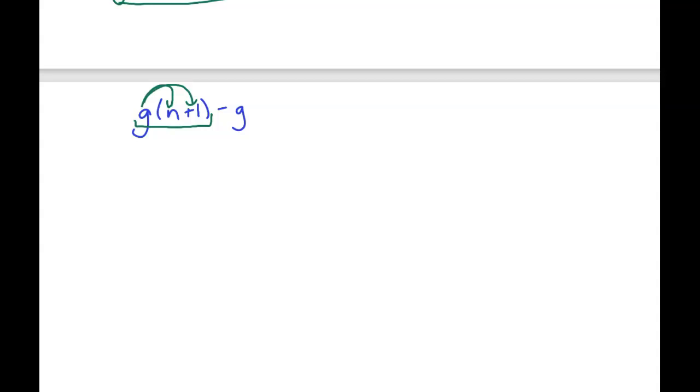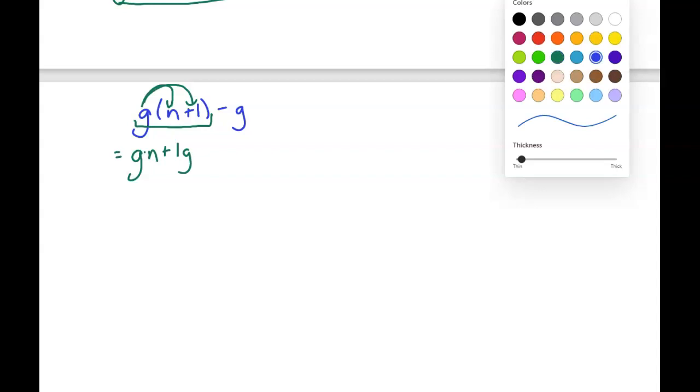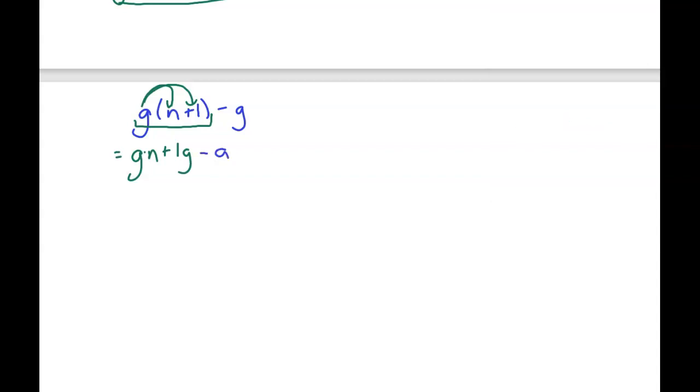So I'm going to take the g times the n and the g times the 1. So that'd be a 1g. And then I have this minus g sitting out here. And remember, in somewhere else we said that that's the same thing as a 1g, because I can put in a 1. 1 times g is still g, okay?